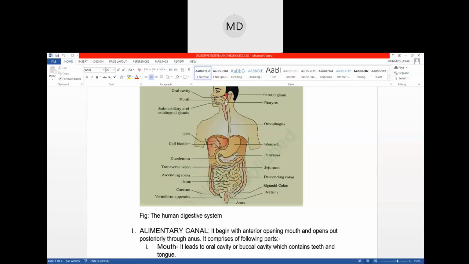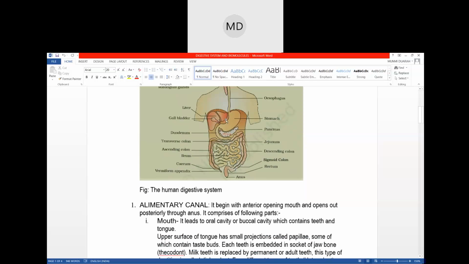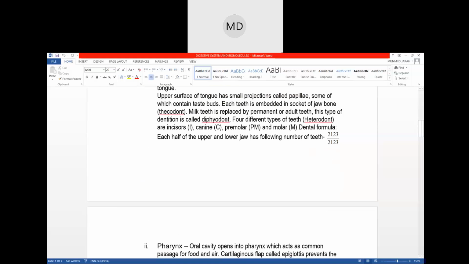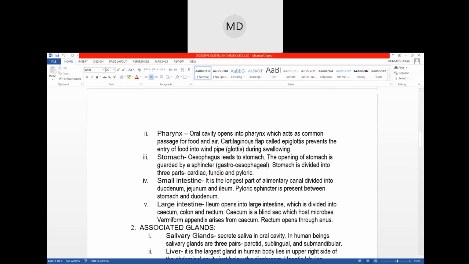It channels the food into the esophagus, or the food pipe, and prevents the food from going into the windpipe. So the epiglottis is present in the pharynx.